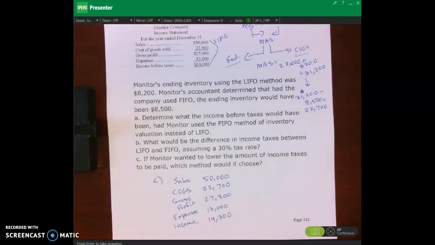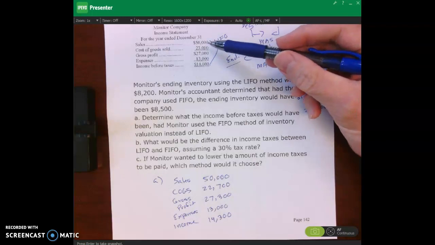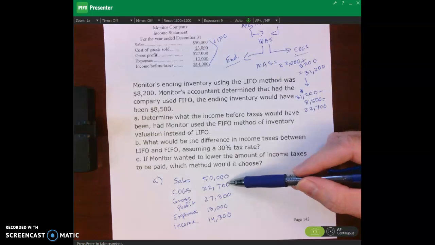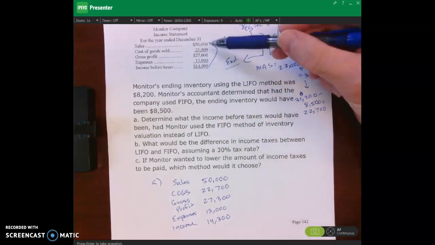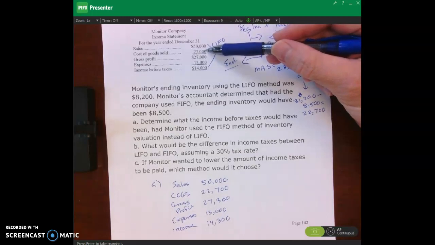And this makes sense, right? Because remember, when prices are rising, we would expect a higher cost of goods sold under LIFO than under FIFO. Why? Because with LIFO, the most recent purchases of inventory are assigned to cost of goods sold.